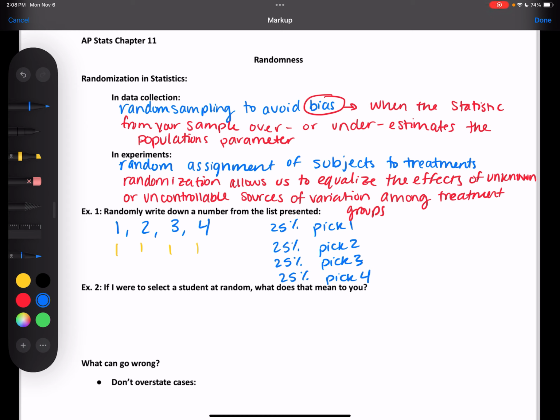So if I had all 4 of you in a stack, and I said, I'm going to select one of you at random, what does that mean to you? It's just a probability, a percentage. Okay, so what is your chance of being chosen? 25%. And does everybody have an equal chance of being chosen? Yes.